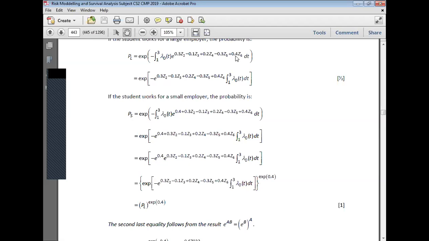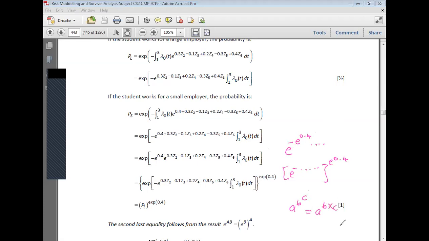So let me just write something. We have e raised to all of this stuff, right? 0.4 and something here. So what you can do is write this thing as e raised to minus all of that thing, and that thing raised to e 0.4, because a raised to b raised to c is nothing but a raised to b times c.